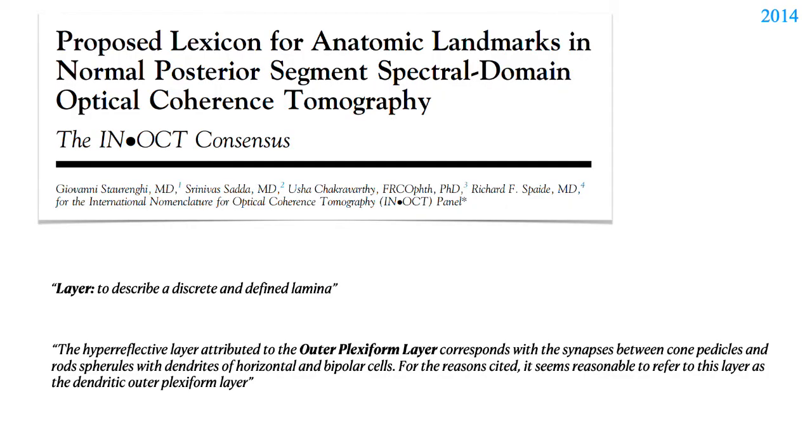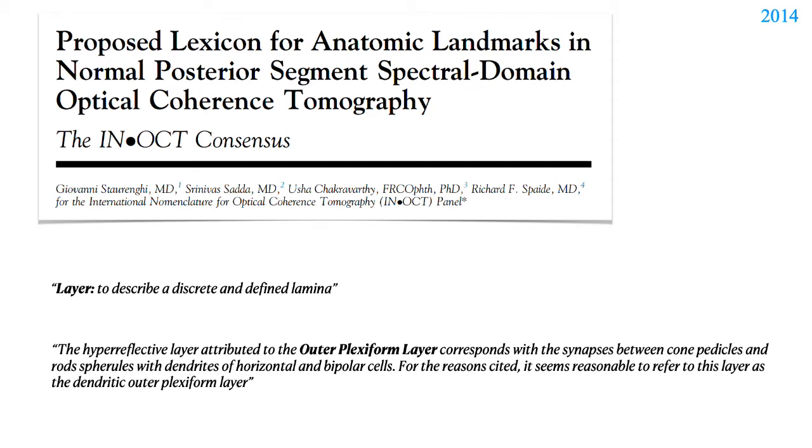So, thanks to the spectral domain OCT, there was much more detail visible in a single B-scan, and for this reason, a sort of consensus in the nomenclature was necessary in order for all of us to talk the same language.